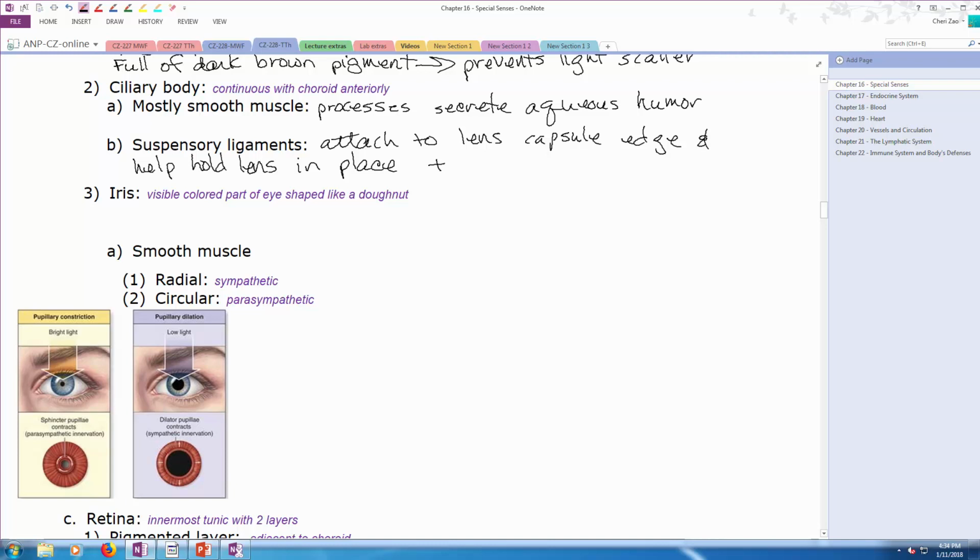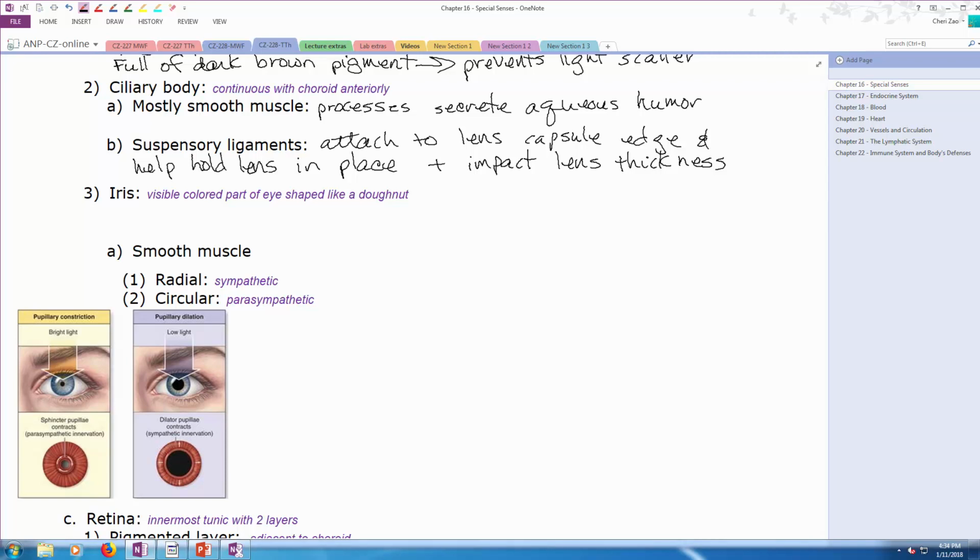Plus, there is more to that story because they also affect the thickness of the lens, and we'll talk about that in just a little bit.